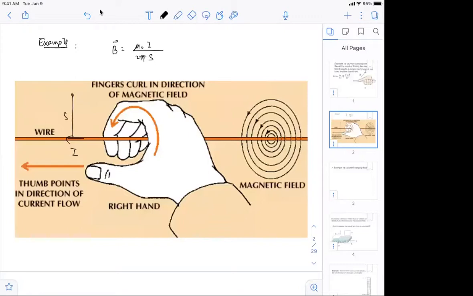This is s. And B is in the phi hat direction. And you can see that we found out it's in the phi hat direction using different claims. I don't know if you still remember. We said there shouldn't be an s hat direction because that would violate no magnetic monopoles.